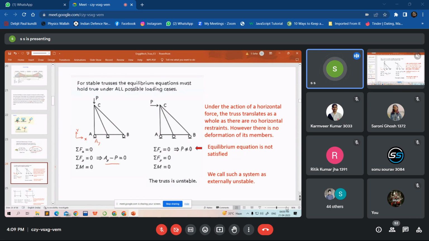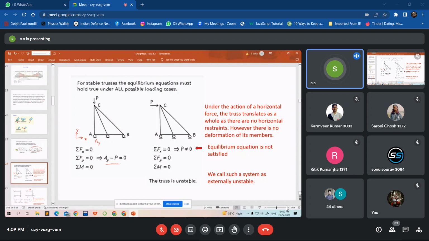This type of situation, where the entire structure moves but there is no deformation or collapse of the internal members, is called an externally unstable truss. It is externally unstable because you cannot satisfy the equations of equilibrium for the entire body.